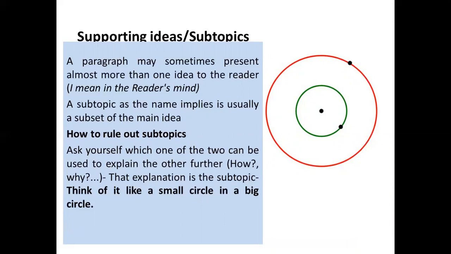So once you are thinking that there is more than one and you don't know what to choose, think of it like a big circle and a smaller one. If more than two, then you can think about even another circle in there. But look at it like a smaller circle and a big circle. Okay?